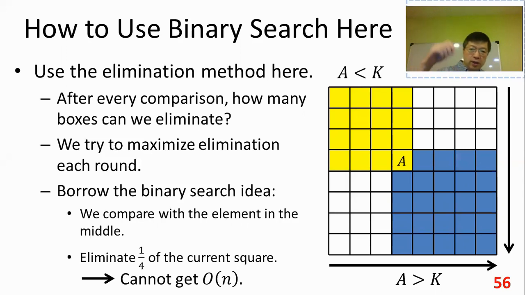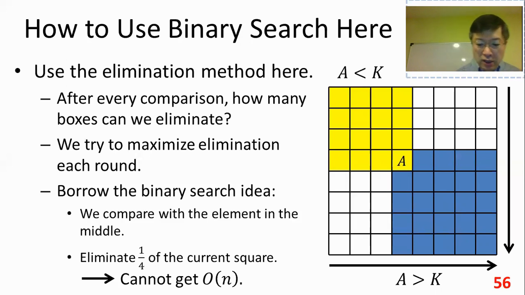By some math calculation, you can show that using this way you cannot get a good big-O of n complexity function. Here I do not do that math. Although you need some analysis steps here, I skip that part.